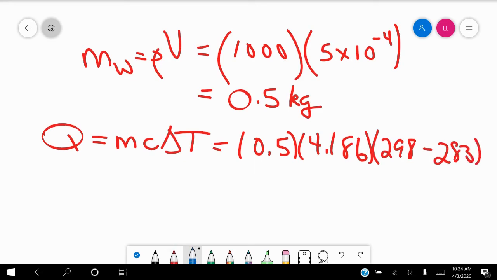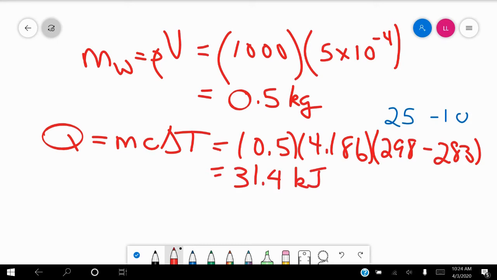And again, you don't have to convert these because of the change in temperature. These are not absolute temperatures. This formula uses a change in. And remember, a degree change in Kelvin is a degree change in Celsius. So that tells us that we have 31.4 kilojoules that were added.